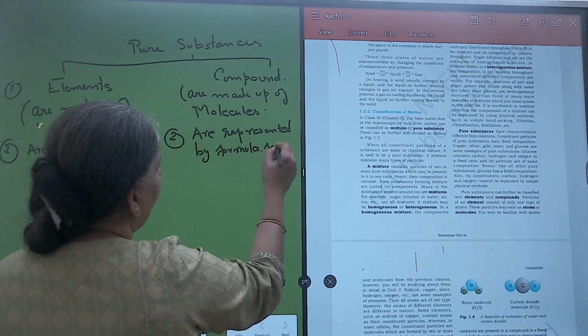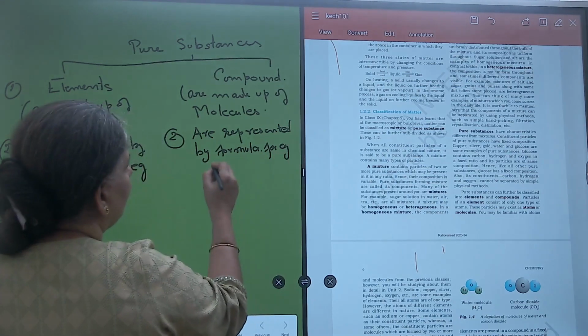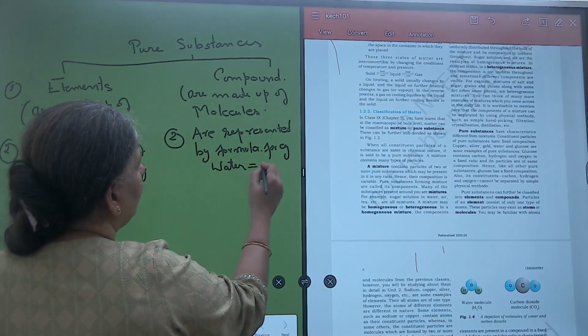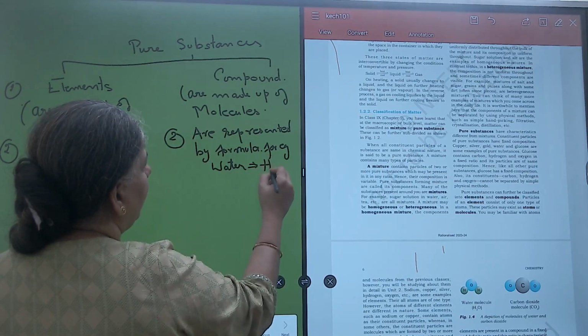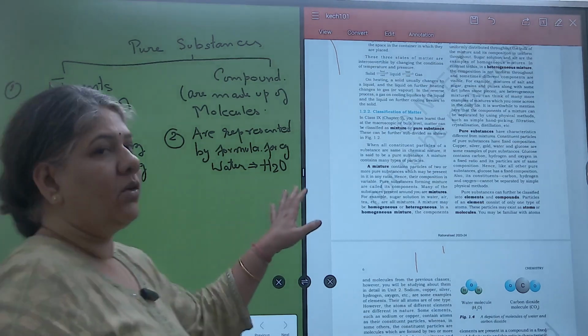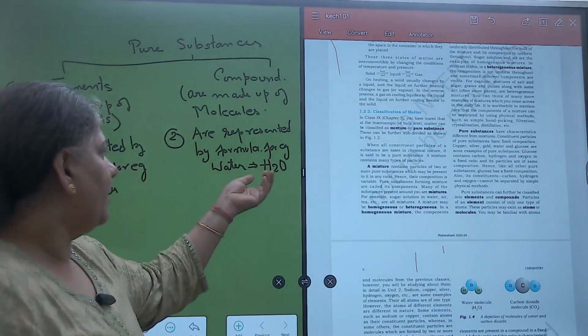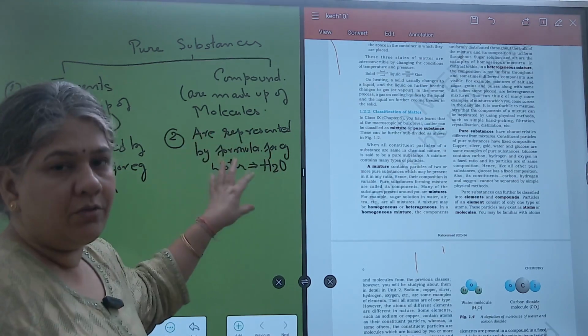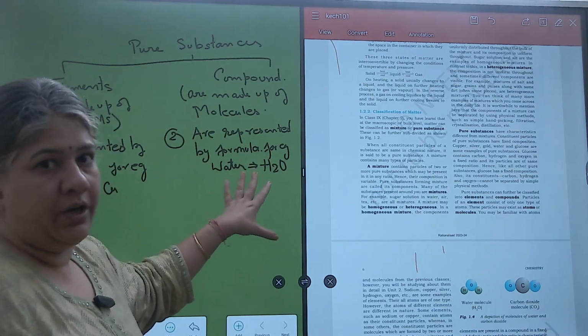For example, water has a fixed composition and is represented by H2O. Hydrogen and oxygen atoms are present in the ratio of 2:1, that is, they have a fixed composition.